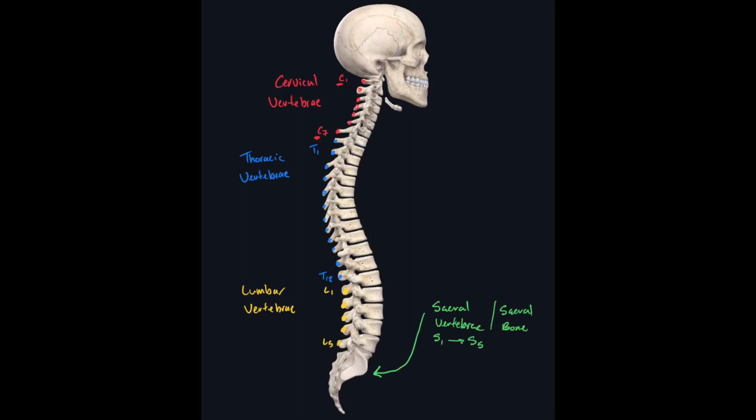The same type of occurrence happens to the coccyx, which is this bone down here. It has 4 vertebrae. And this group of vertebrae are called coccygeal vertebrae.